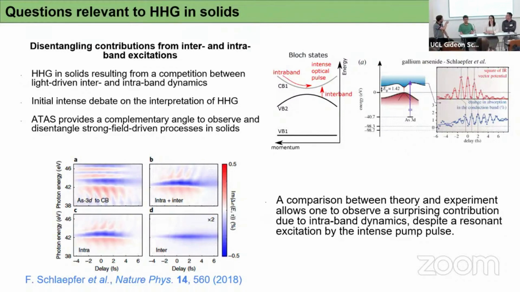You see how these oscillating features as a function of time delay come basically from intraband dynamics, and you can barely reproduce them with interband dynamics, which is surprising, right? You would expect that interband dynamics in this case would dominate. And this is something that you can do with Attas. With theory and calculations, you can distinguish between inter and intraband dynamics in this case.